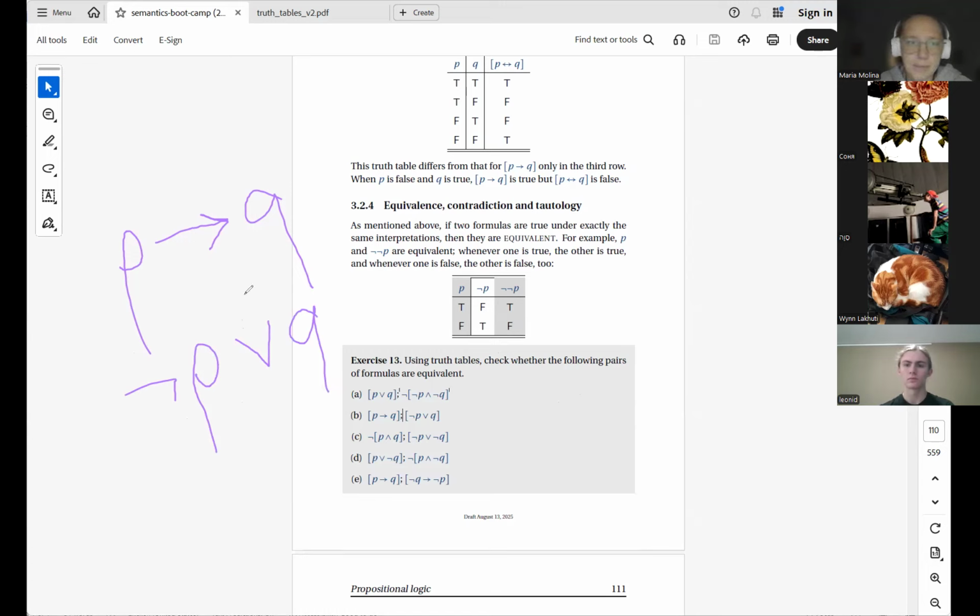So this is another formulation of if P then Q.